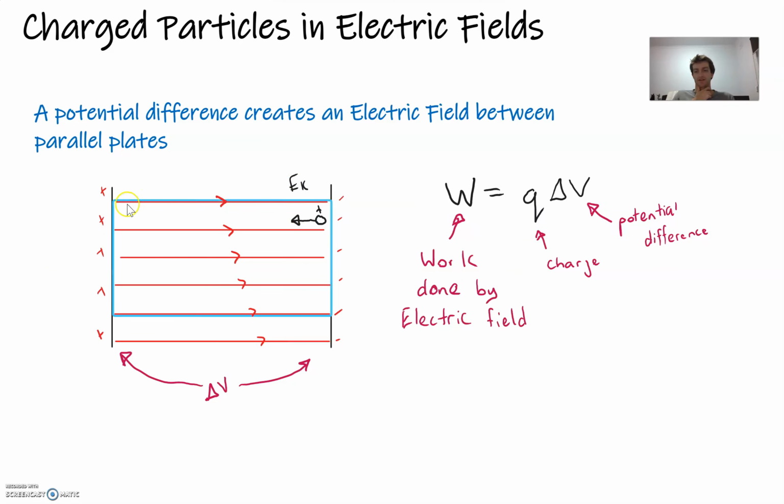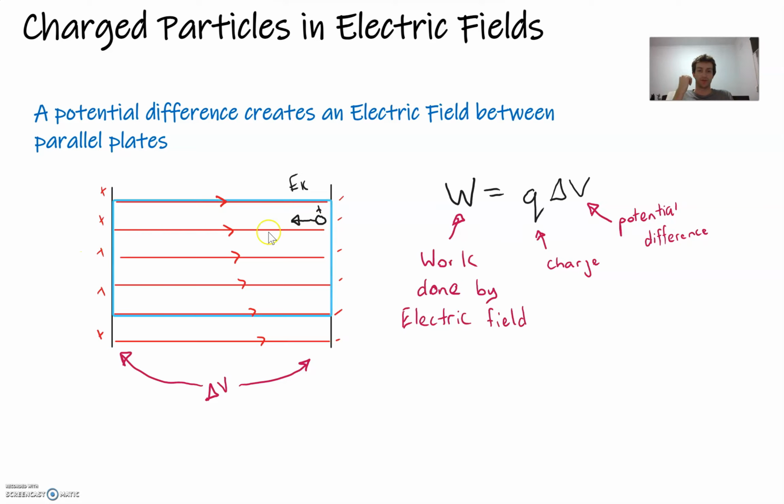If it makes it just to the end, the amount of work done to reduce the kinetic energy to zero will again be equal to Q multiplied by delta V. So we can use this information to tell us how much energy the charge has and that it loses if it ends up stopping right at the end when it reaches the positive plate.